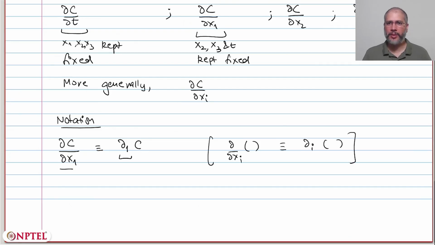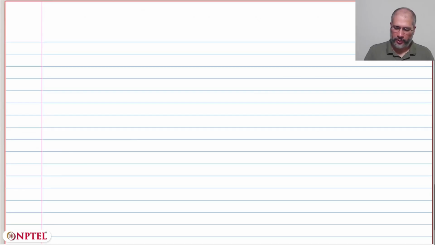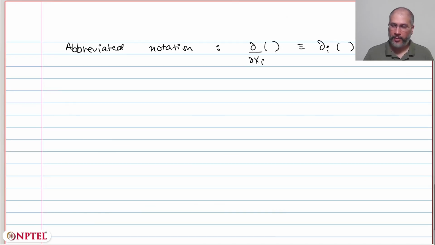It's an operator because it needs to have something to operate on. By itself, it is not a quantity as such. So this notation is called the abbreviated notation, where we write del by del xi as partial i operator.